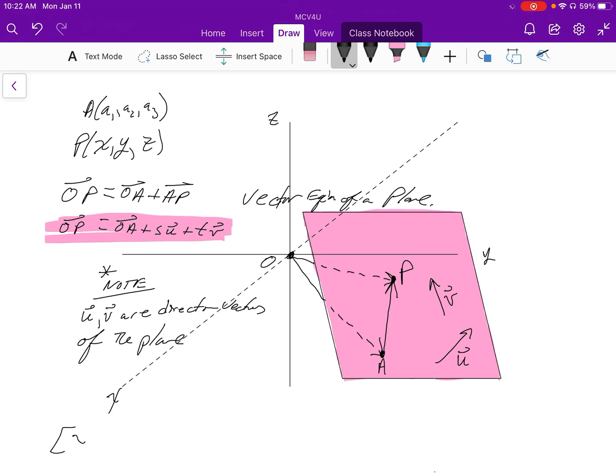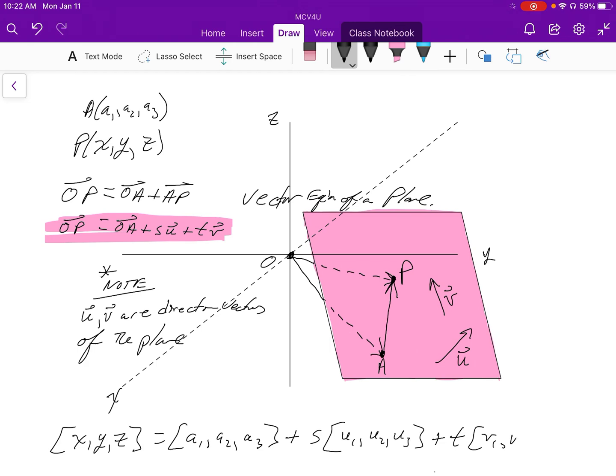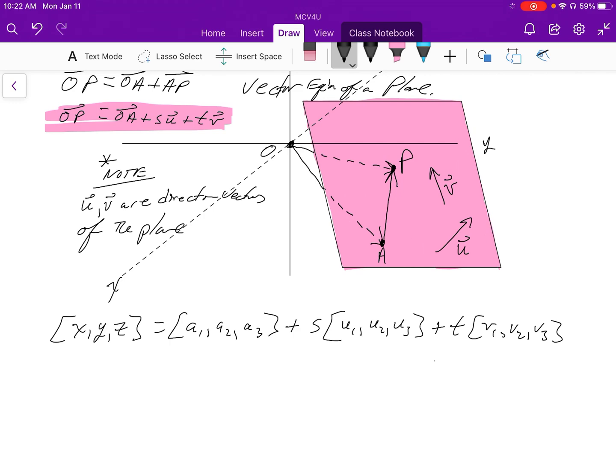So we would have x, y, z equal to a1, a2, a3 plus the parameter s times the direction vector u1, u2, u3 plus the parameter t with the direction vector v1, v2, v3. Okay, that's the expanded form version of the vector equation of a plane.